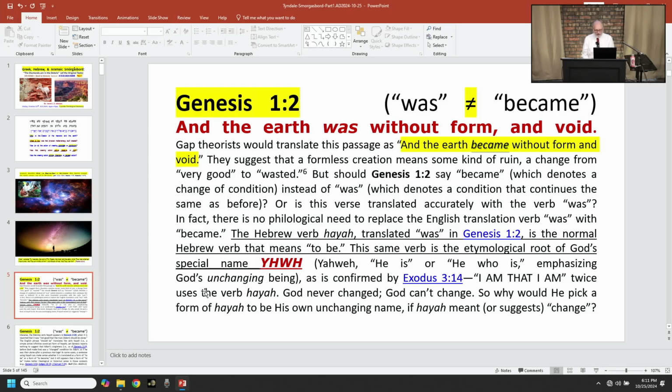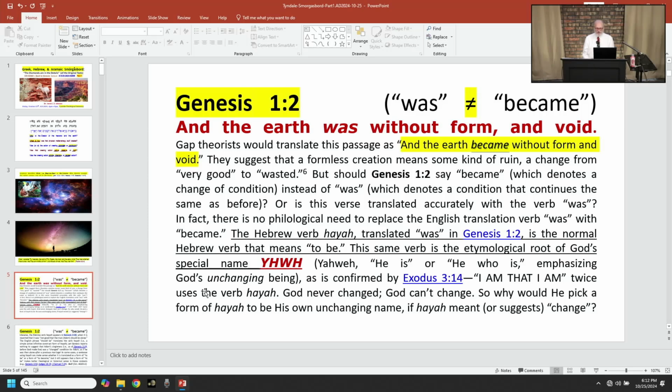And so God's name, Yahweh, is that verb with a Y stuck on the front, which would indicate not completed action. And that's exactly who God is. He is the one who is and continues to be. And he's never finished being the being that he is.